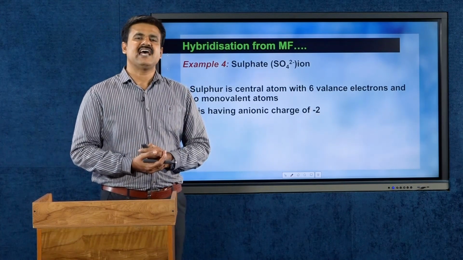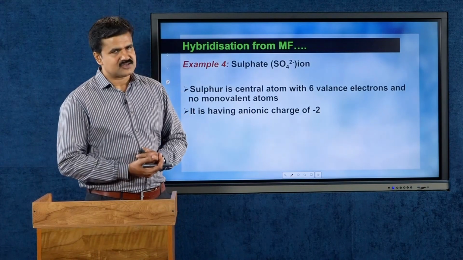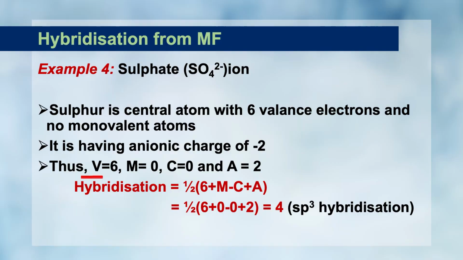SO4 2 minus is an anionic species having a charge of -2. So, we can conclude that V is equal to 6, number of valence electron is equal to 6, monovalent atoms equal to 0, cationic charge is equal to 0, and anionic charge A is equal to 2.